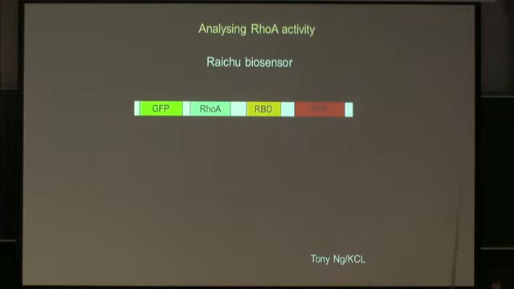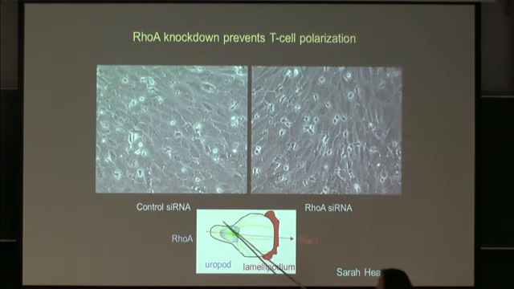So the fact that we don't have either end of the cell, either the front or the back, when we reduce Rho A levels, made us think, well, where is Rho A really active in these cells? So from my previous model, Rho A, according to kind of a classical description, should be active only at the back of the cell and not the front of the cell.